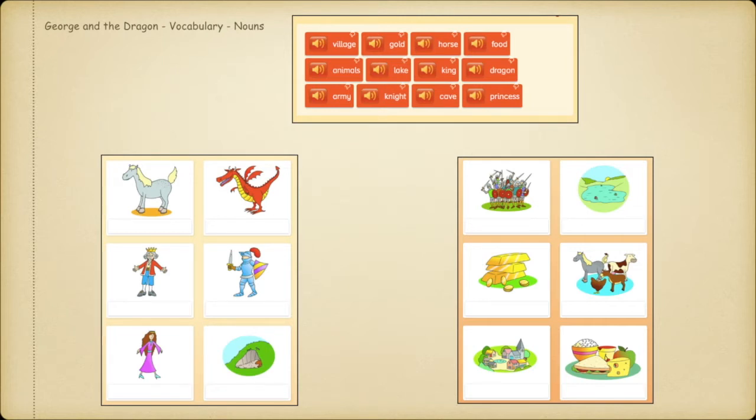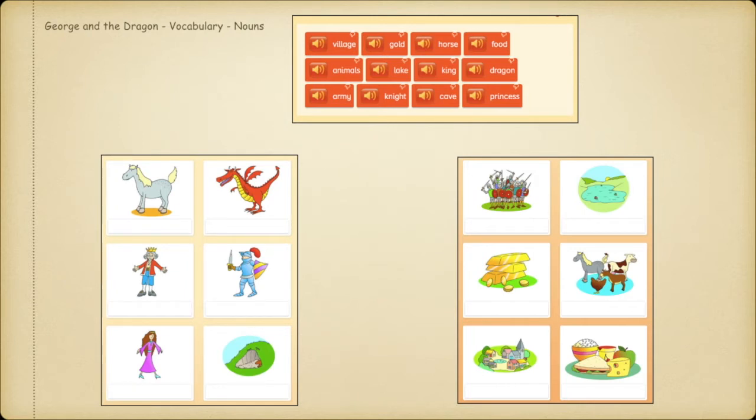Army. Can you find the army and match that word army with it? Knight. Now this is a knight in shining armour, not the night which is related to when the sun goes down and it's night time. So knight. And cave.